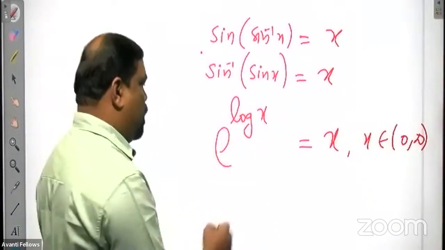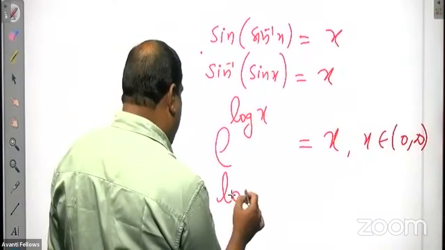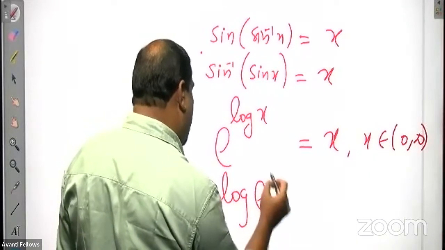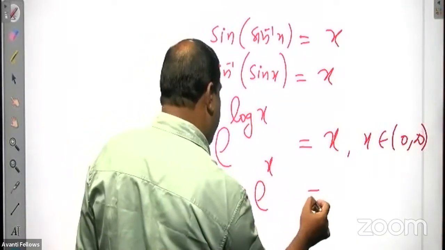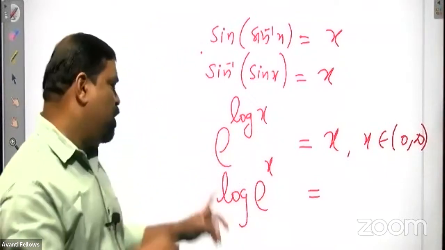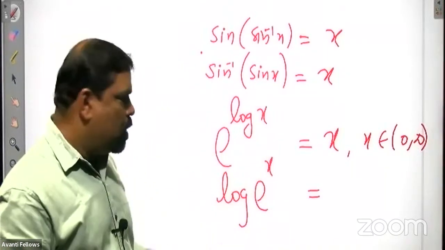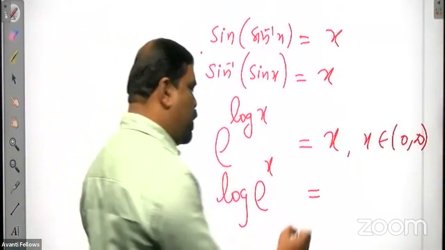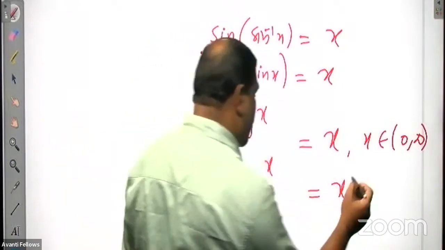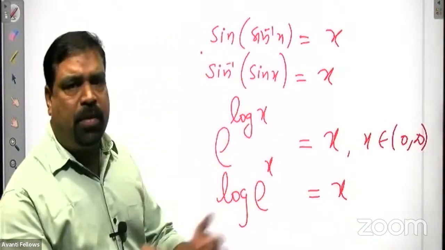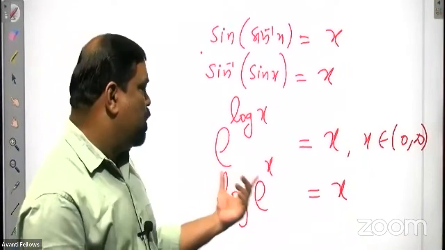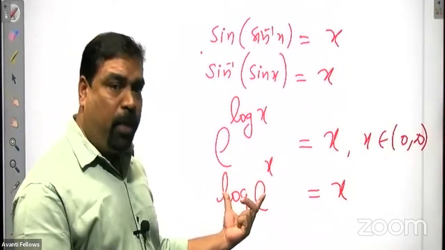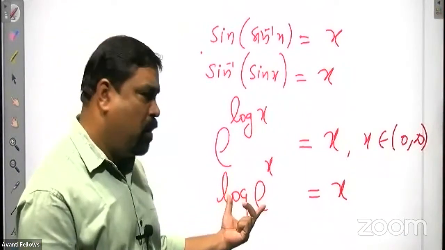So e raised to log x equals x. In the other way, what can we write? Log of e raised to x. Reverse way, log first, e second. So log of e raised to x must also be equal to x only, because both are inverses of each other. So please remember, this will help you in differentiation problem solving.